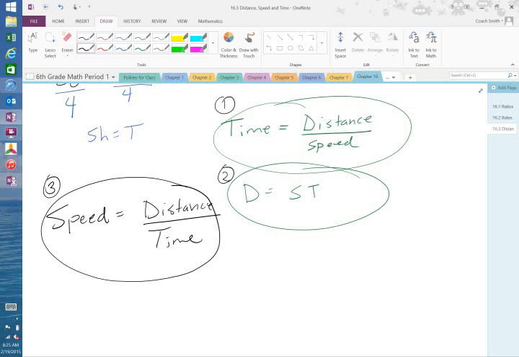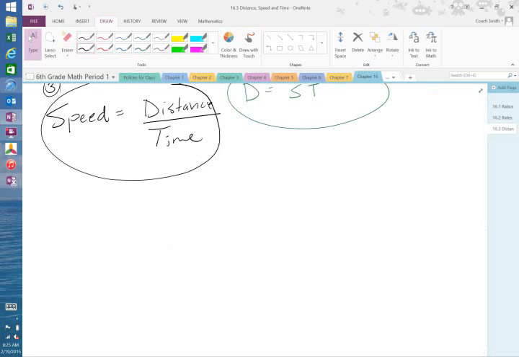Now, where most people make their mistakes in these problems is they put the wrong label. So it's very important that you realize what you're looking for and then you put the correct label with it. Obviously, speed would be miles per hour, kilometers per hour. That's an example of a label.